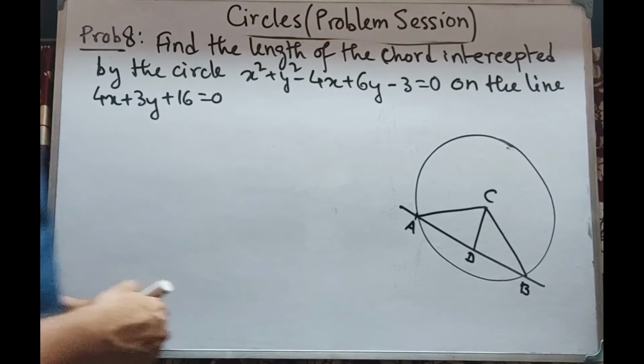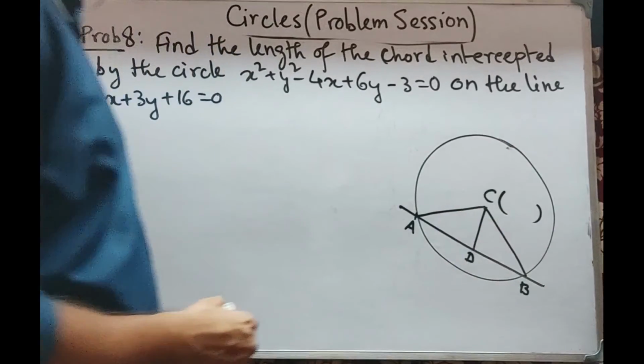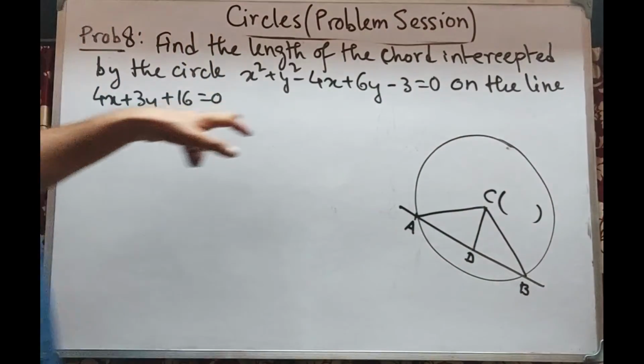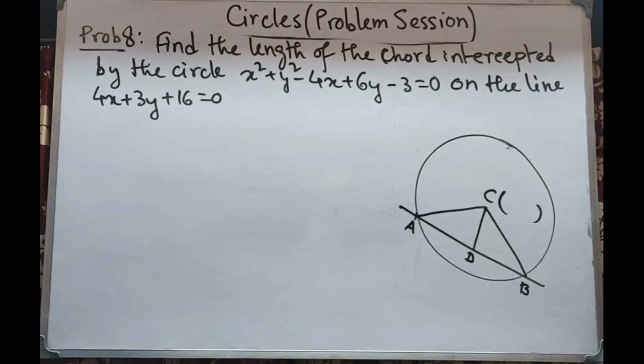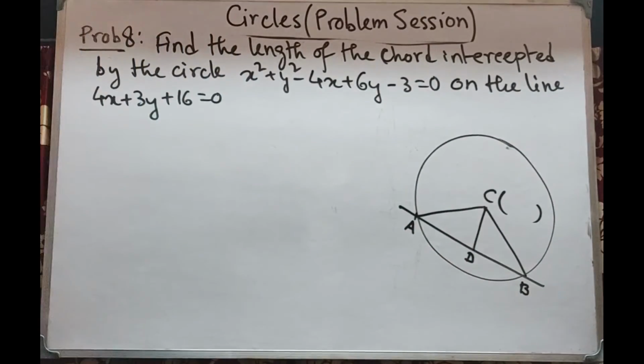And since we have the center here, from the center we can draw a perpendicular on the chord. And since we have the equation of the chord, we can find the length CD. So CD we have, the radius we have, so we can easily find the value of AD or BD. And since D is the midpoint, we can double it and get the value of AB, that means the length of the chord. So this is the plan. So let us do it one by one.